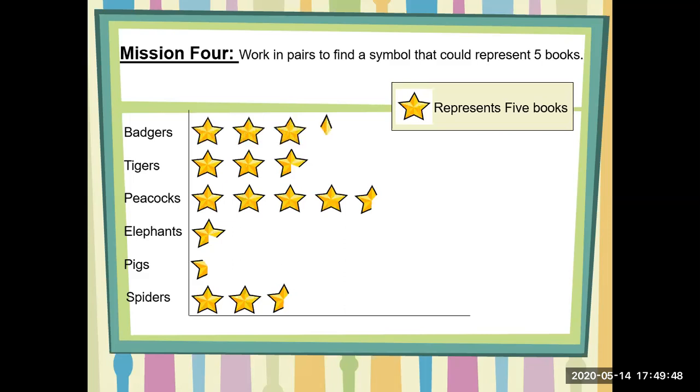And your badgers, which is 16, and 16 divided by 5 is 3, and the remainder is 1. Pretty easy. Then I want you to look for another shape with 5 sides, perhaps a pentagon or any other shape that you think you can use.